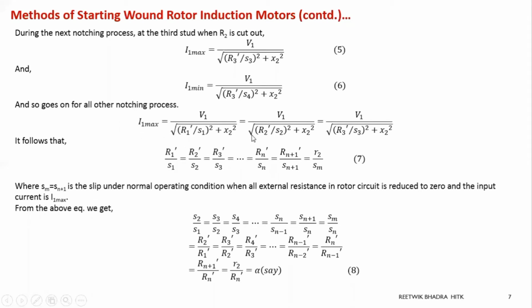R1 dash by S1 should be equal to R2 dash by S2, should be equal to R3 dash by S3. These all have to be similar. So that's why my next point number 7 is an equation where R1 dash by S1 is equal to R2 dash by S2 is equal to R3 dash by S3 and so on up to Rn by Sn. So this has all to be similar.